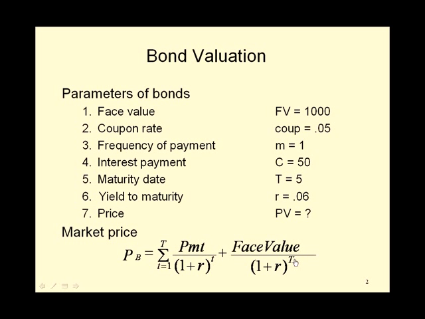That is to say, a bondholder gets to receive a series of interest payments and a return of principal. Now, the series of interest payments can be conceived as an annuity, in this case, a 5-year annuity of $50 per year, plus a one-time payment of principal.